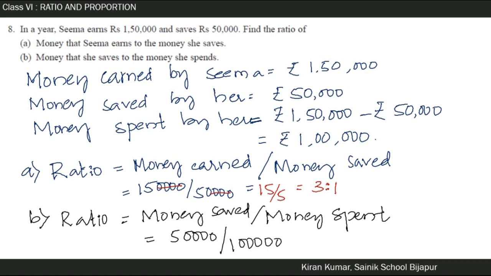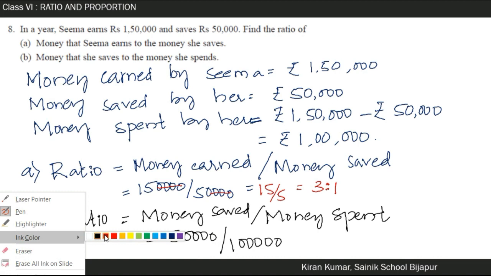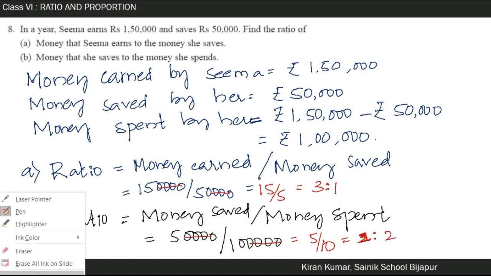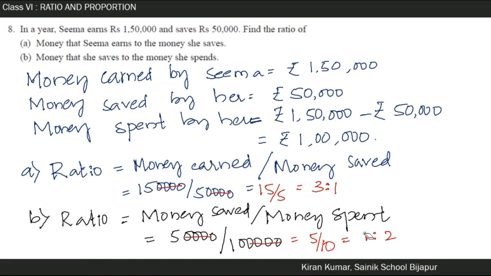Here, let us cancel those number of zeros, 4 zeros. We will be getting 5 upon 10, nothing but 1 is to 2.